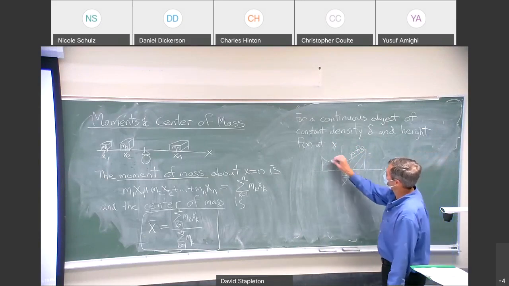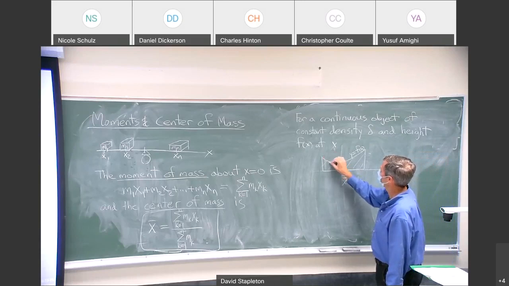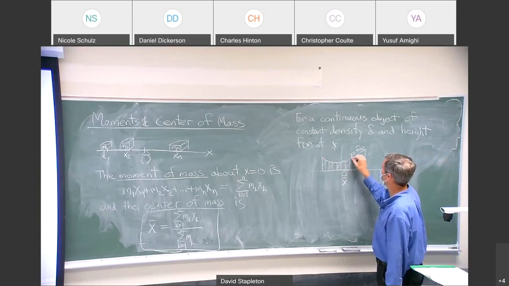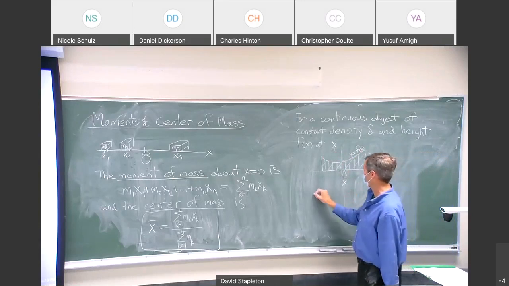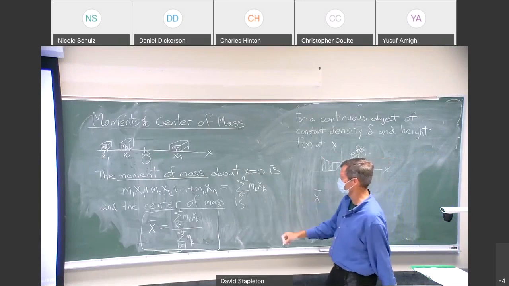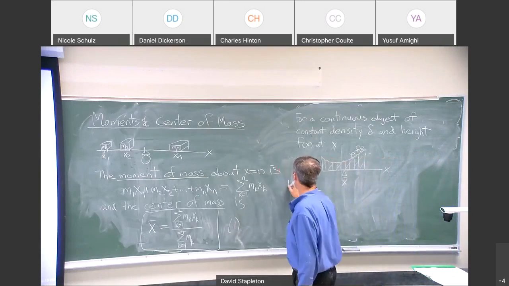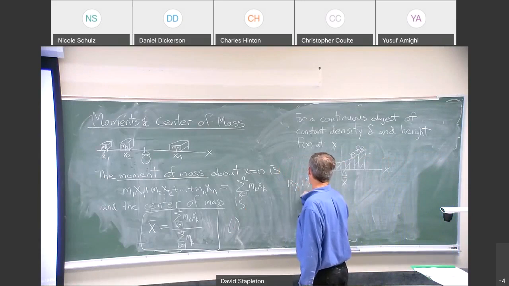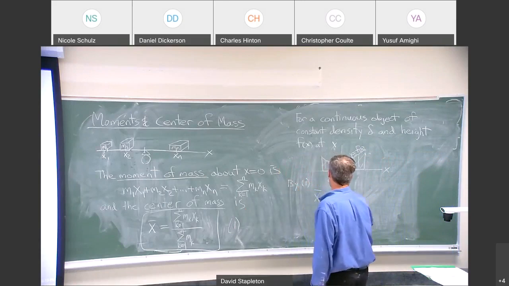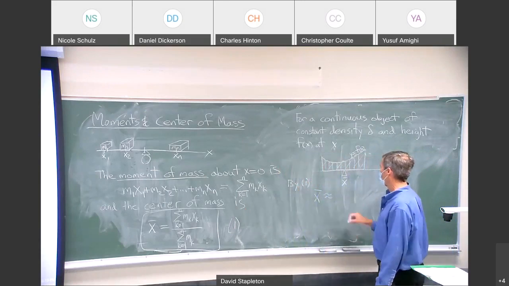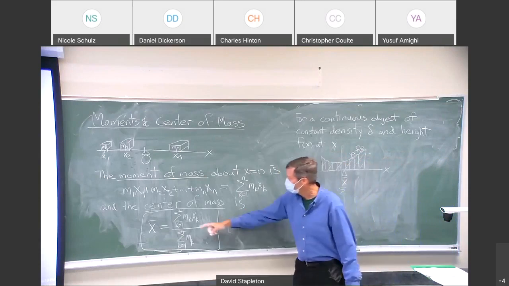You can break this up into little rectangles, and think of these little rectangles as little masses. And you could say that x bar, by the formula we have over here, ought to be approximated as the sum of mass times x.